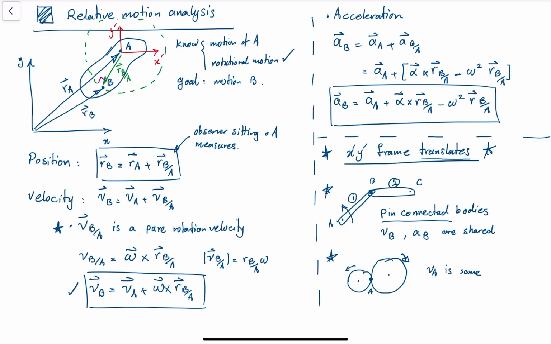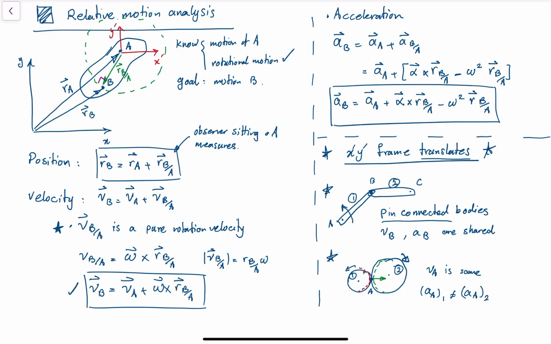But notice that acceleration of A on the first body is not necessarily equal to acceleration of A on the second body. So let's call this 2, let's call this 1. The reason is that point A on body 1 goes around this circle. Point A on body 2 goes around this other circle.